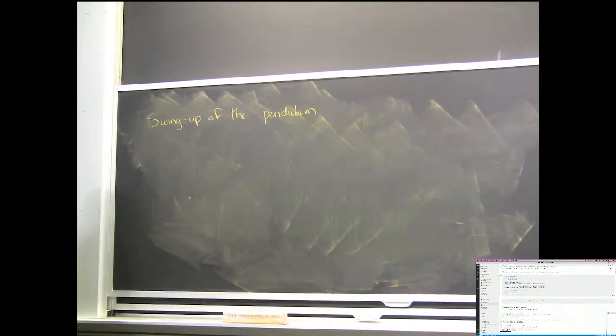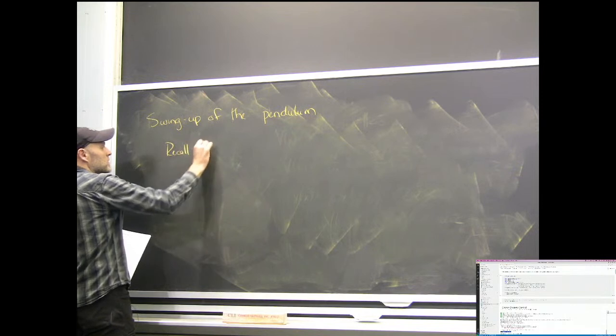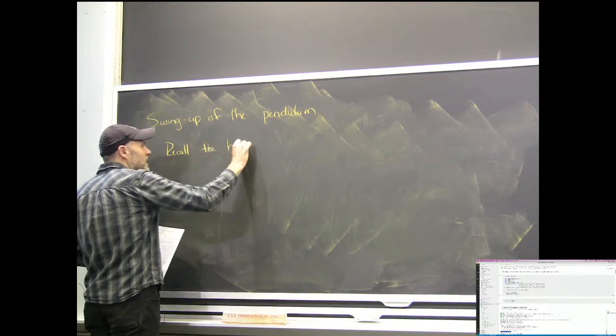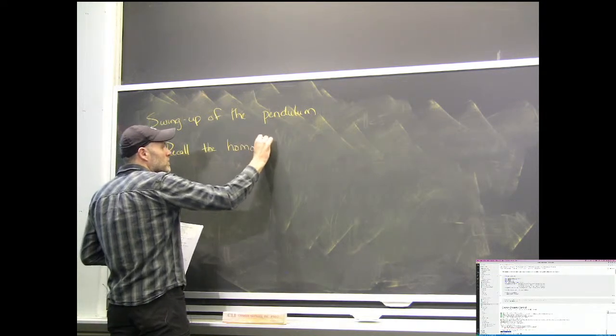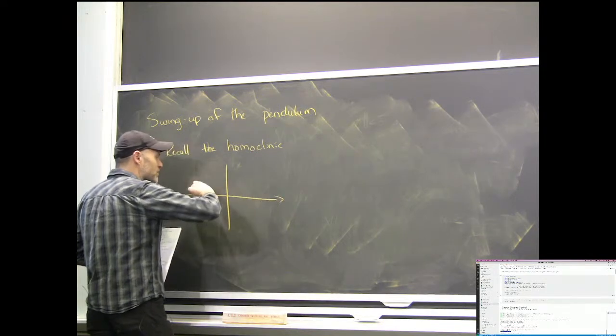Okay, here's an idea for control of swinging up the pendulum that is motivated and actually certified by a Lyapunov argument. Recall the homoclinic orbit. I only called it that quickly, but you know it well. It's the eyeball itself.